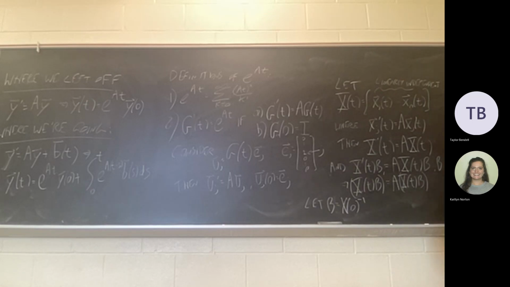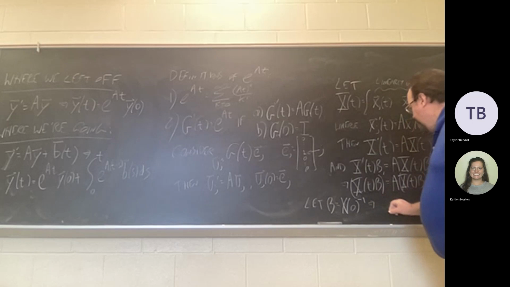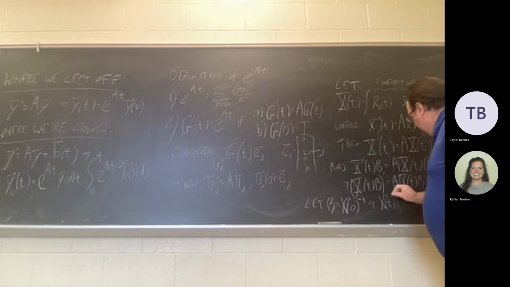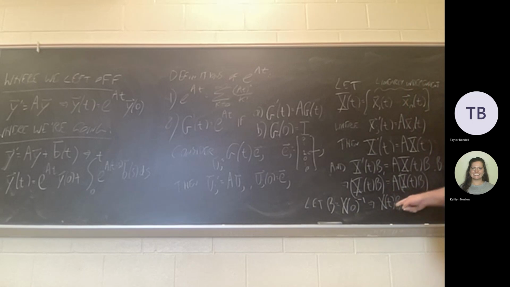Then X of t times B, if I plug in t equals 0, is the identity.